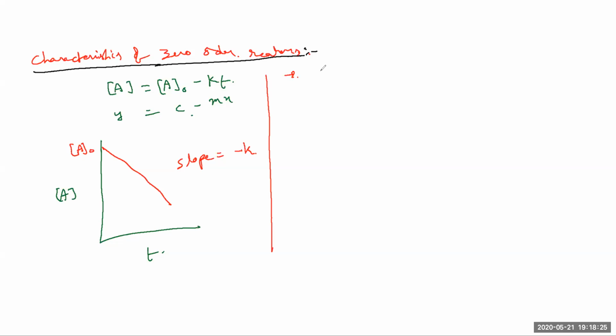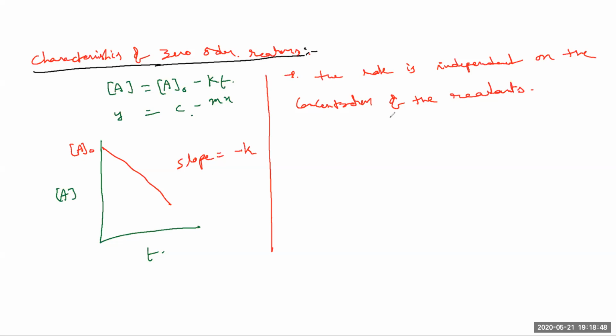So next, the rate is independent of the concentration of the reactants. So generally, what are the examples?